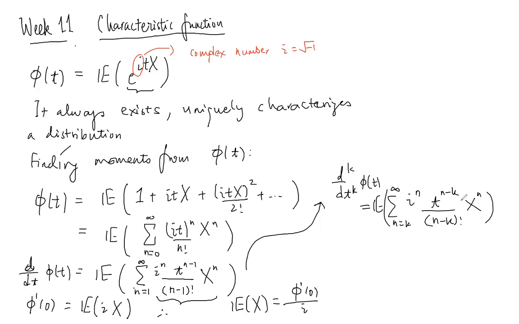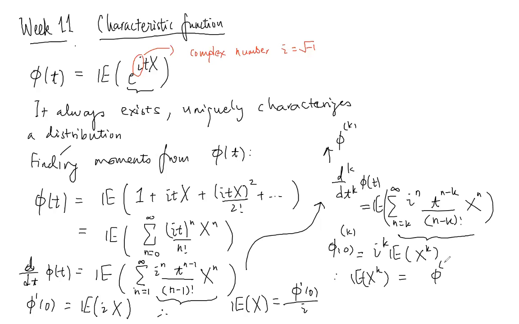Usually we use the shorthand: differentiate k times and set t to 0. You are left with the first term, which will be i to the power of k times the expectation of X to the power of k. And therefore, your kth moment is equal to the kth order derivative evaluated at 0, divided by i to the power of k.